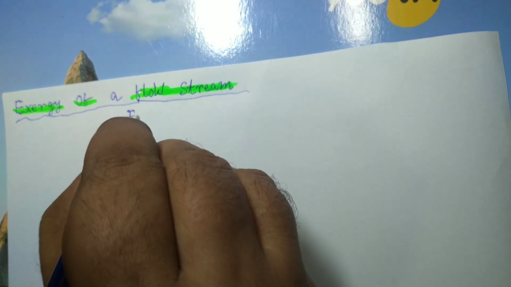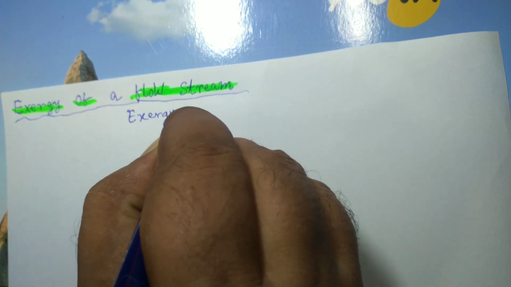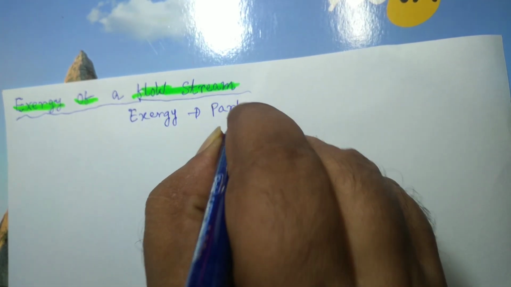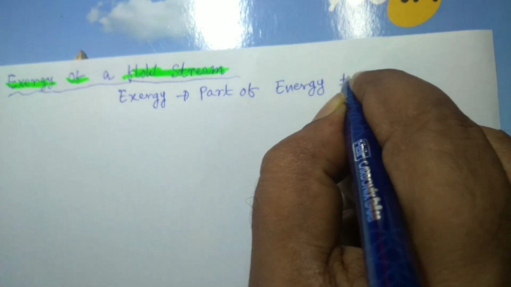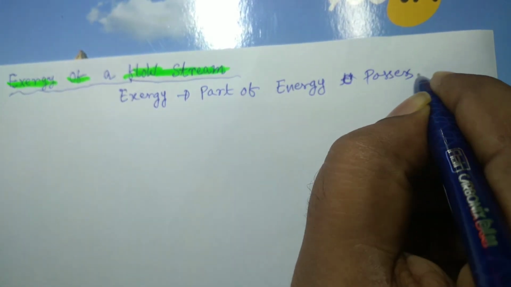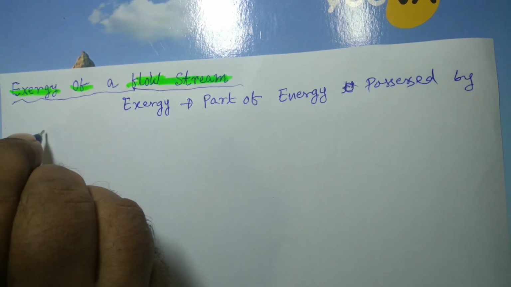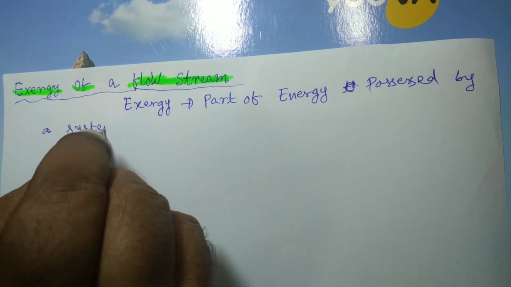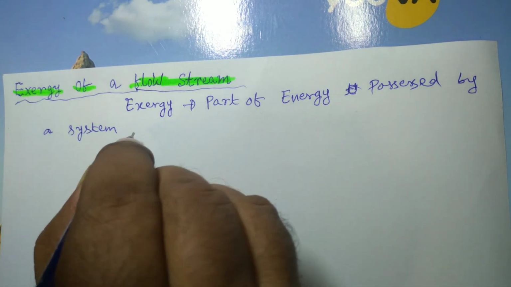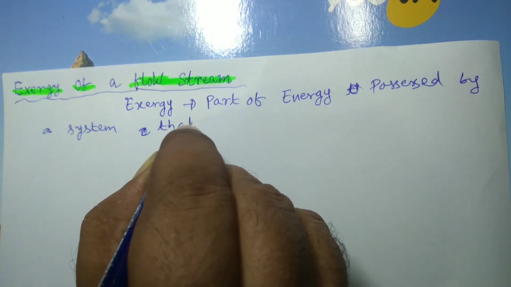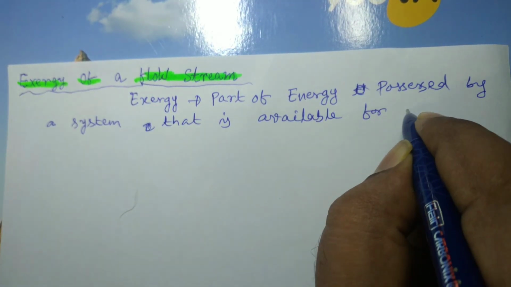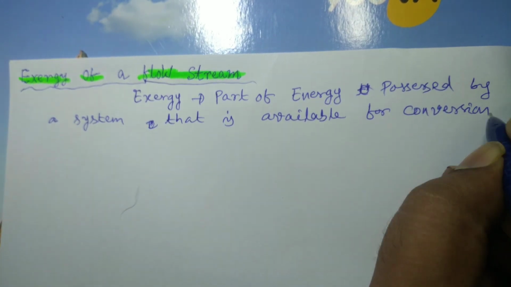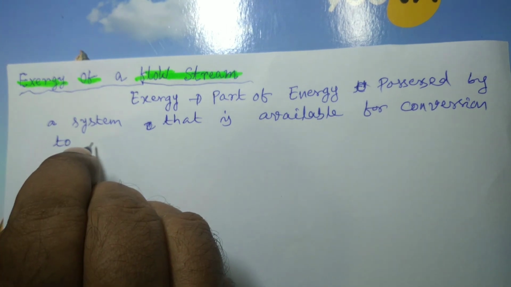Let's get started. Exergy is nothing but the part of energy, that is, energy possessed by a system, that is available for conversion into useful energy.